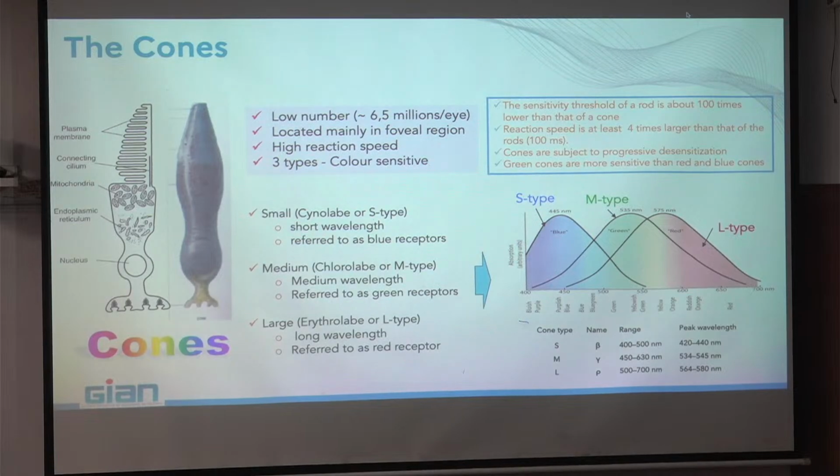We'll discuss that. The short one looks mainly in blue, it responds in blue. The medium size one responds mainly in green, and the large one, the big one, responds mainly in red.